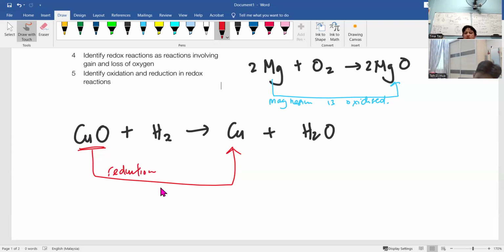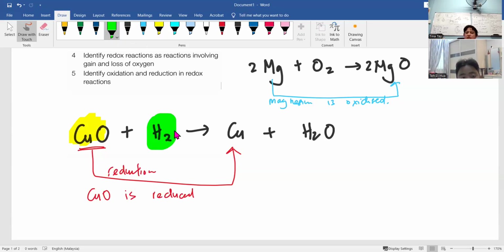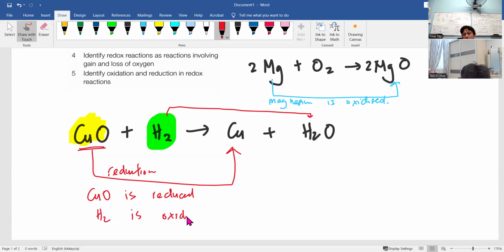So when you say reduction, you have to say CuO is reduced. You cannot say the product is reduced. You have to say the CuO is reduced. Get it? Okay. So who is oxidized? Hydrogen. So hydrogen is oxidized.